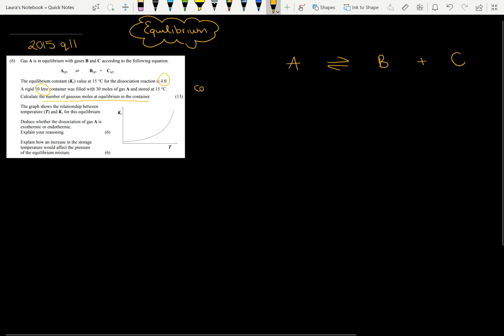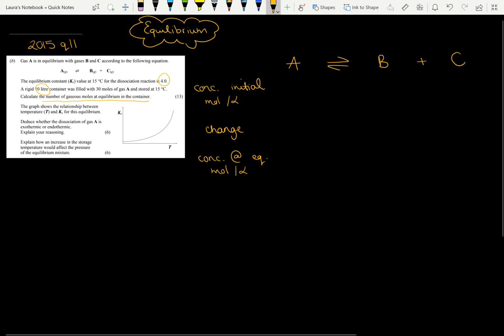We're going to have our first row as concentration, not at equilibrium, our initial concentration, and we want that in moles per litre. We're going to have a row to track the change, and a row for our concentration at equilibrium, also in moles per litre.